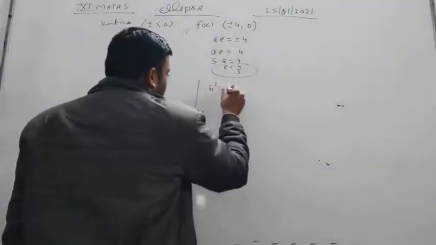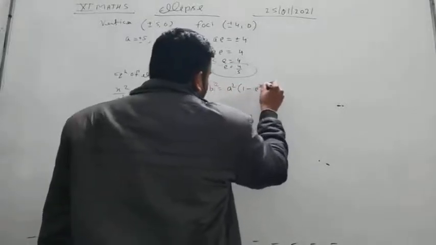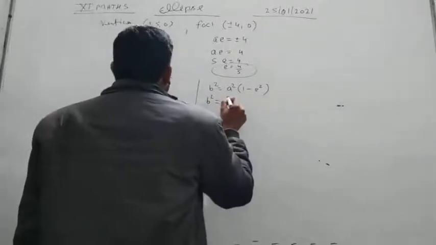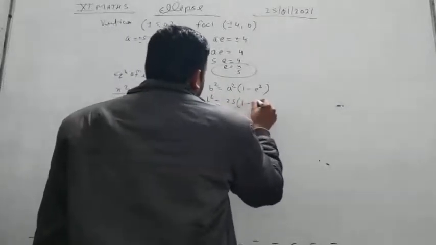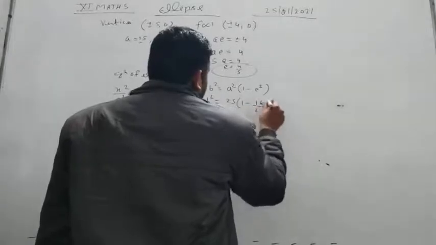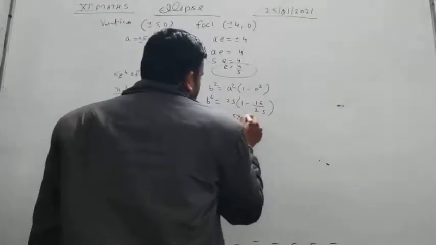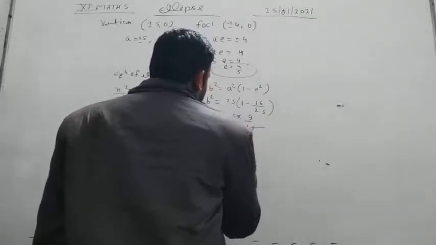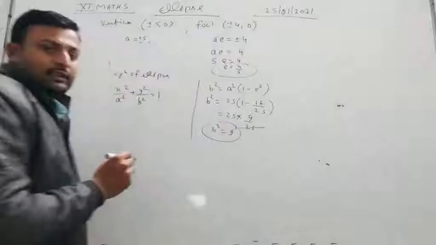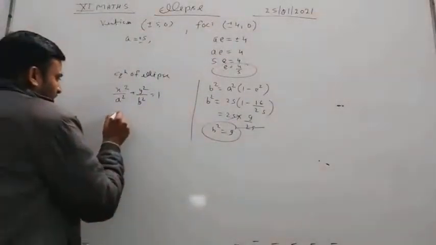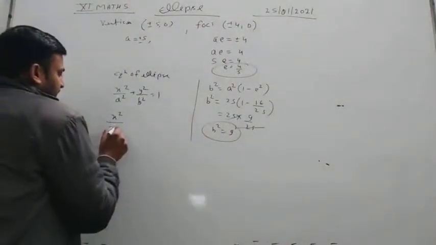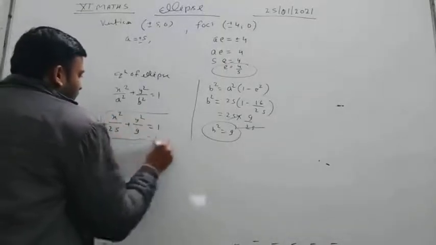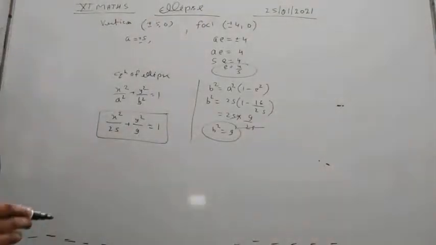So b square is equal to a square into 1 minus e square. So from here we can easily calculate: our a is 5, so it will be 25 into 1 minus 16 by 25. So it will be 25 into 9 by 25. So from here we are seeing that our b square is 9. So now we put x square by a square, which is 25, and y square by 9, which is equal to 1. I hope you understand, students.